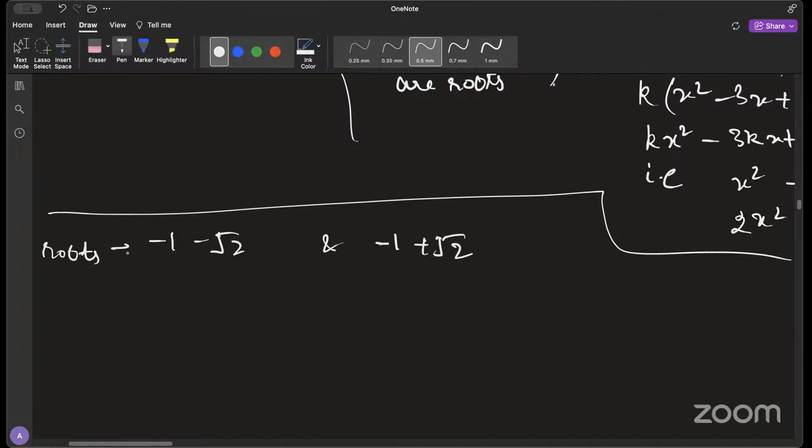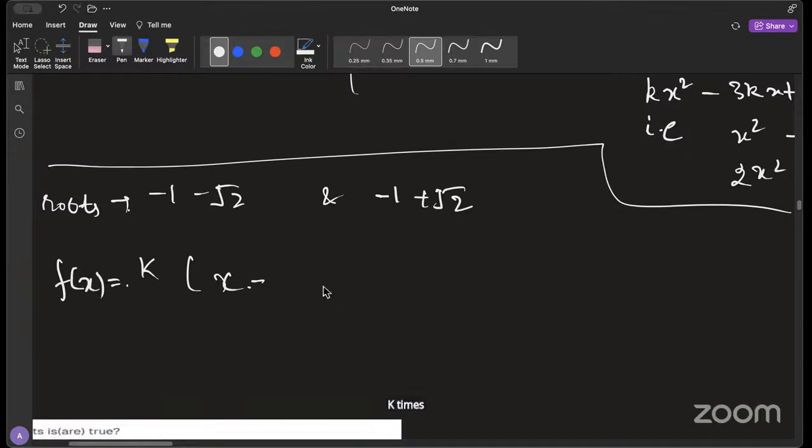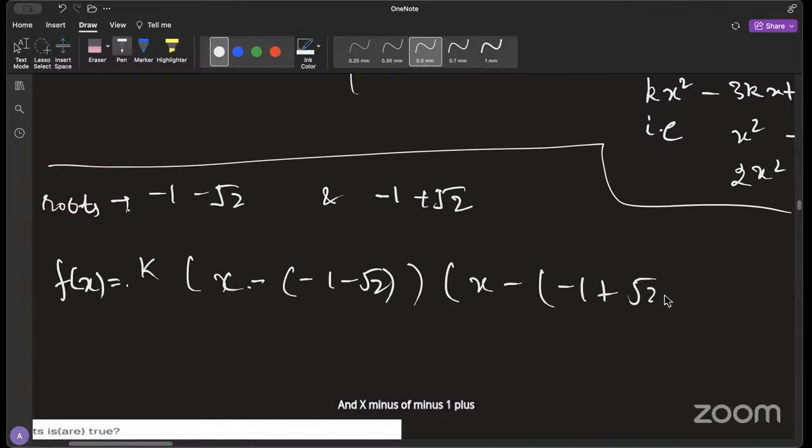The equation should be f(x) equals k times x minus of minus 1 minus root 2 and x minus of minus 1 plus root 2.